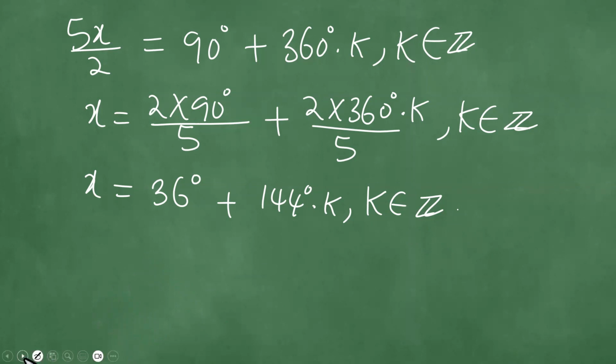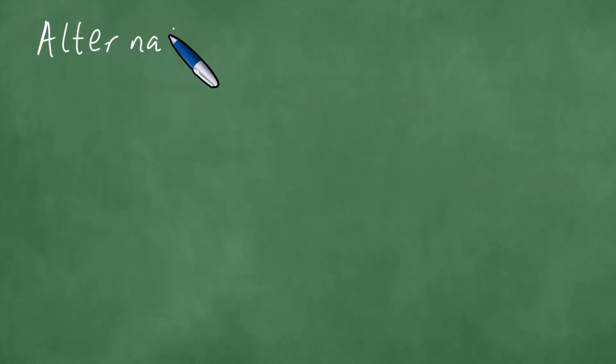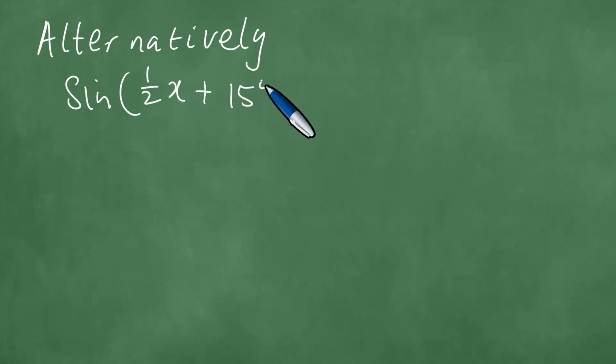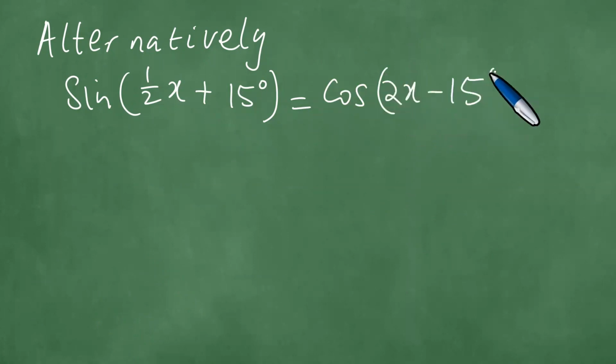Because alternatively, we have the sine of 1/2 x plus 15 is the same as the cosine of twice x minus 15.